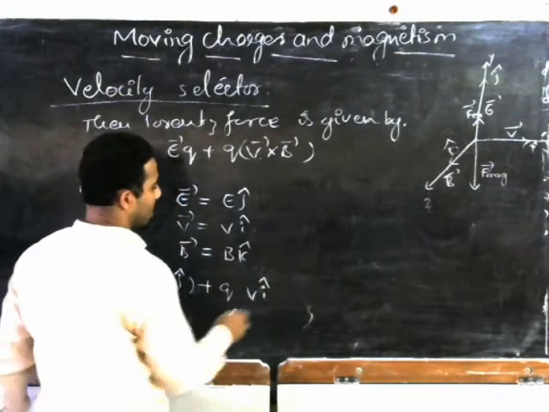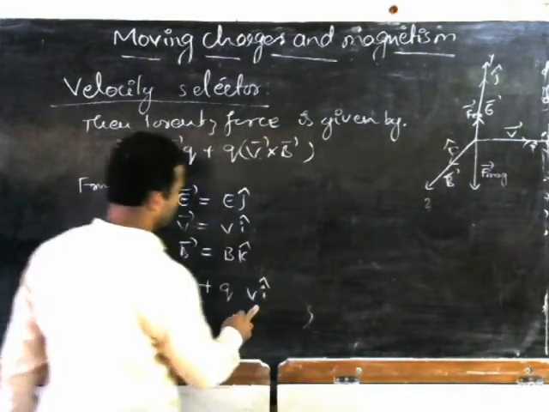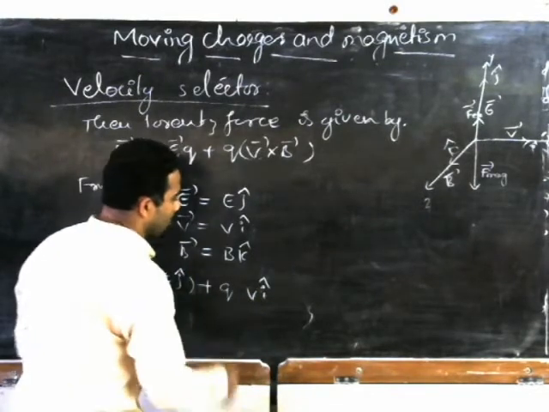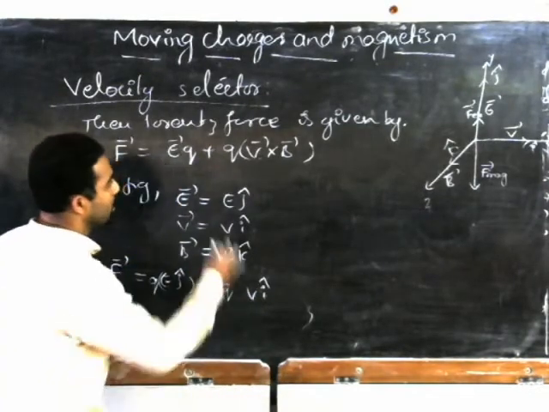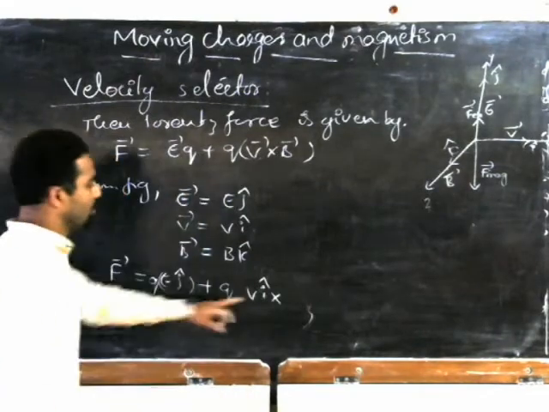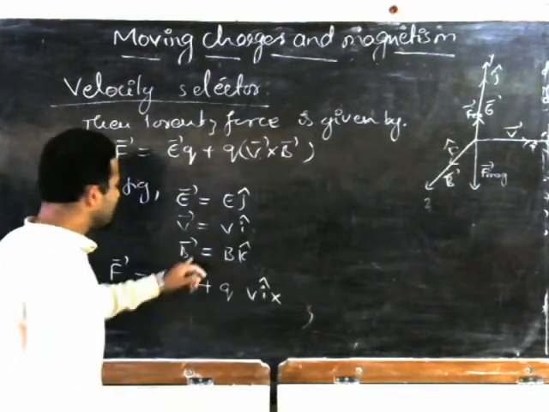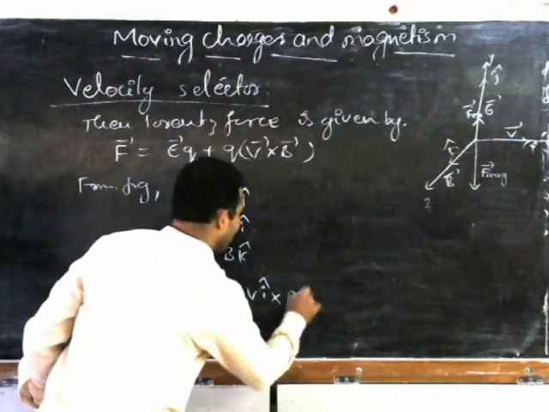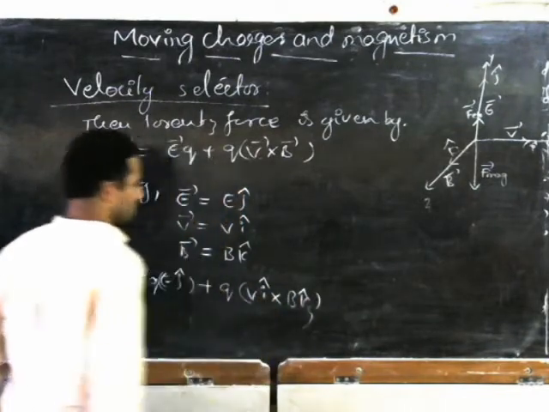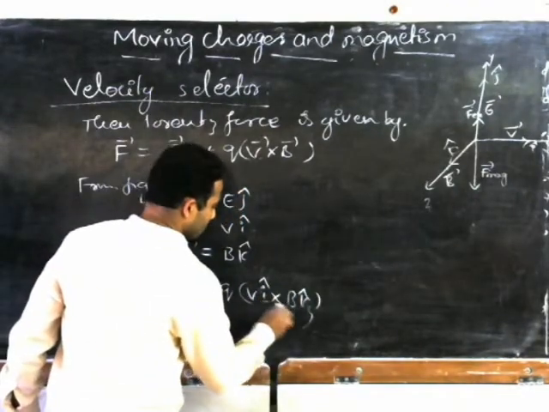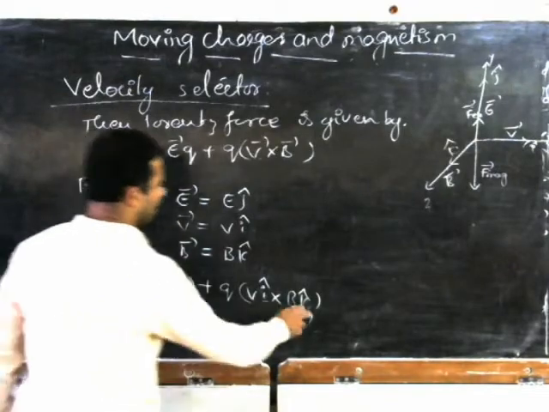You can take it outside, but there is no calculation you can do here. V into i cap, B means it is B into k cap. So what you have to do here is, these are the two vectors. You have to multiply these two vectors.